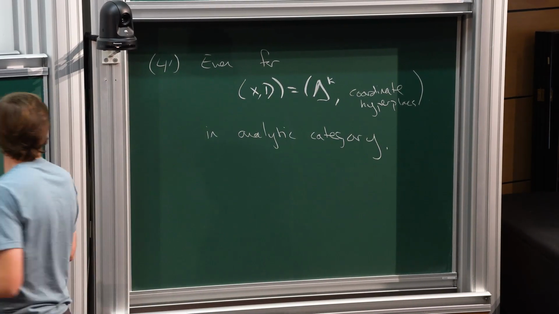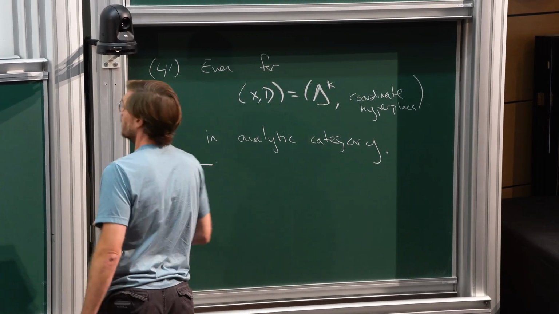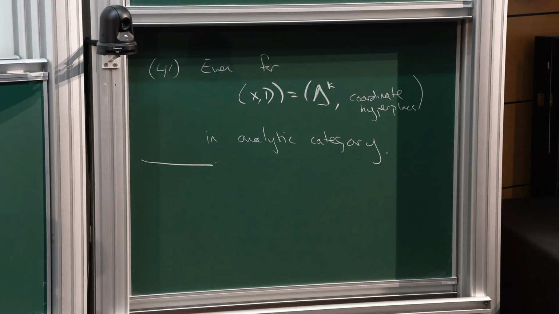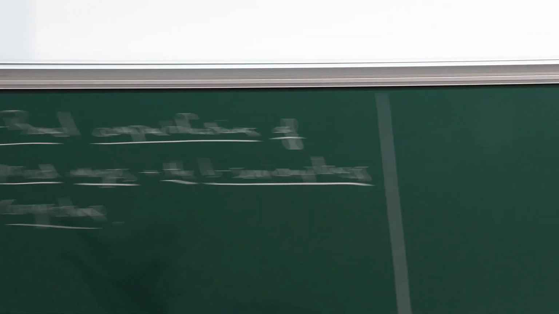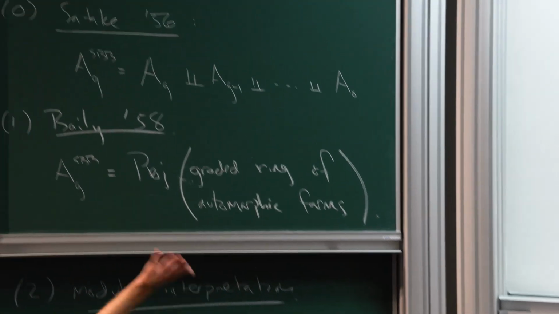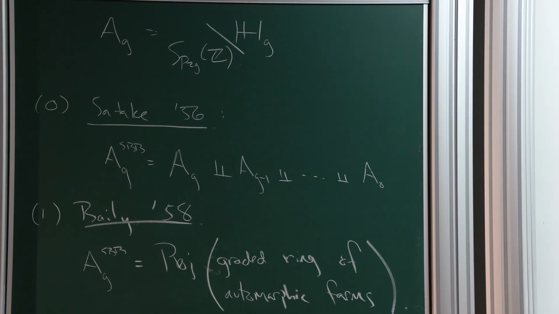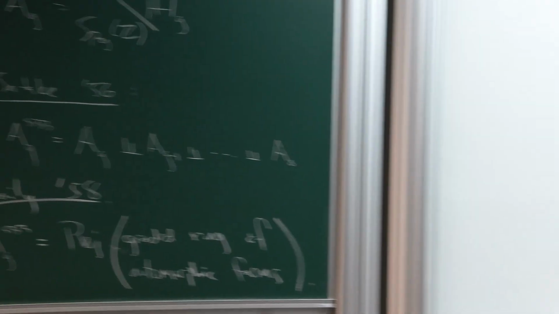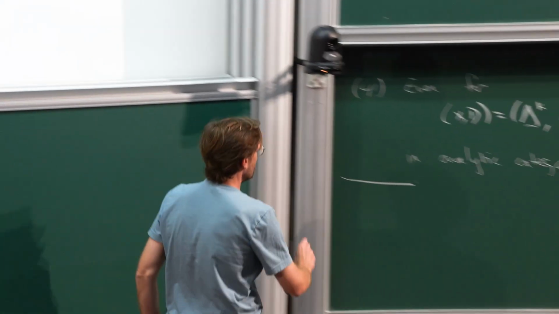Okay, so this was all for AG, and Satake did the general case of this kind of topological compactification shortly thereafter in '60.